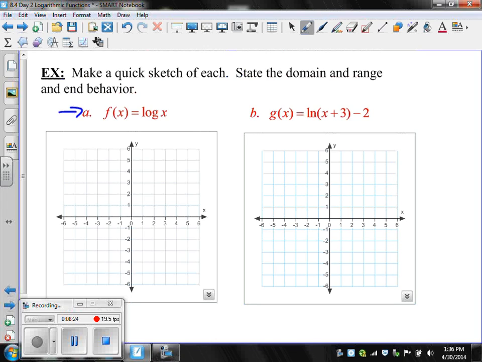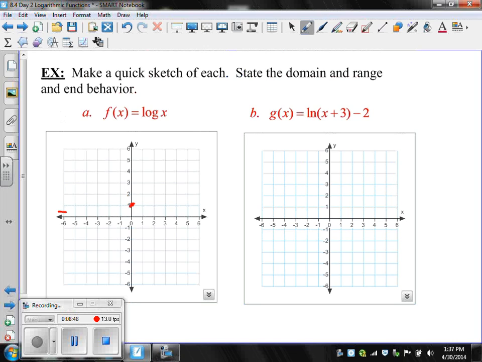Okay, so what I'm going to do here is graph the inverse of y equals log base 10 of x. I'm going to graph the exponential function. If you just want to take my word for this, the inverse of this log function is going to be an exponential growth function that looks kind of like that.